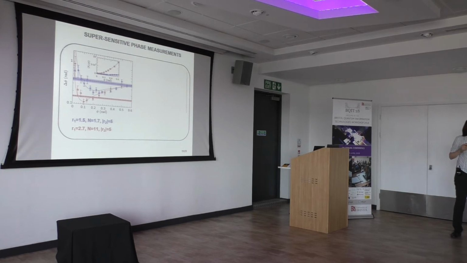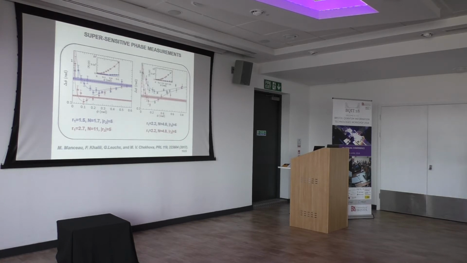Maybe it can be upgraded to stronger beams, but here it was just 2 and 11 photons. We overcome the shot noise limit for both cases, but it's easier to overcome it when there are not so many photons inside. 11 actually was the maximum number of photons we could work with.